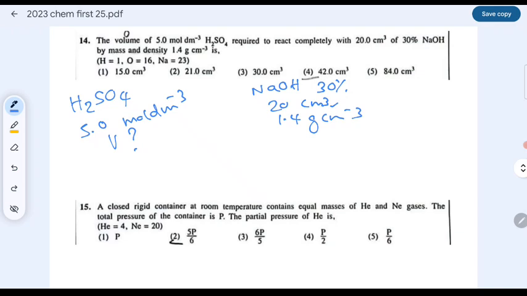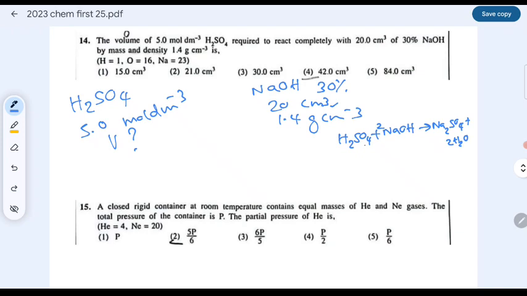First we will write the balanced equation for this. H2SO4 plus 2NaOH gives Na2SO4 plus 2H2O. Here 2 sodium hydroxide is used, so now the equation is balanced.